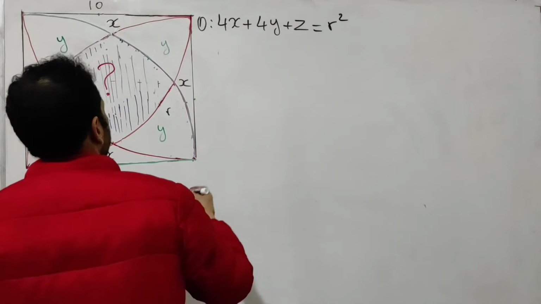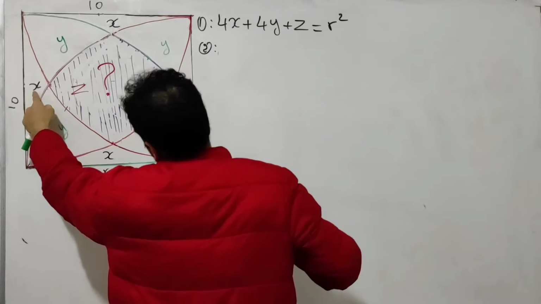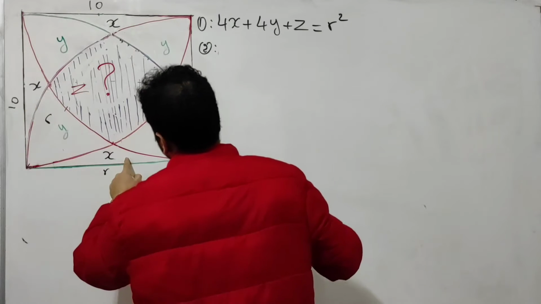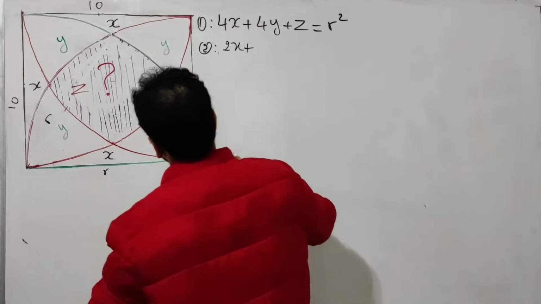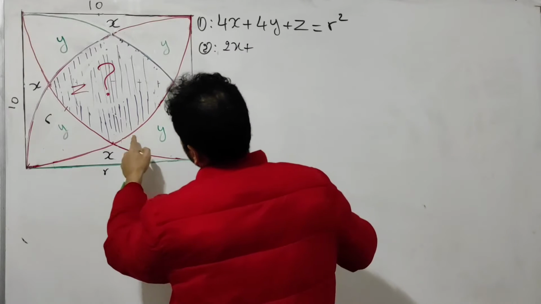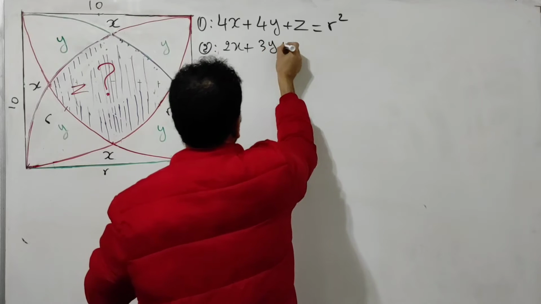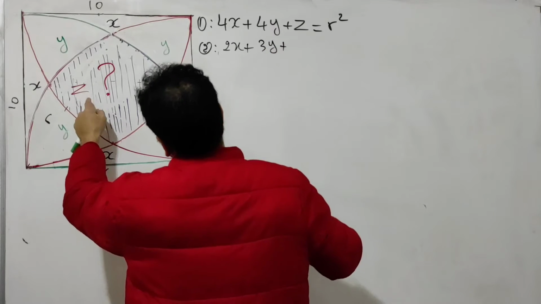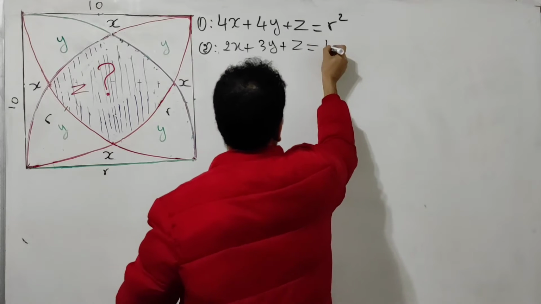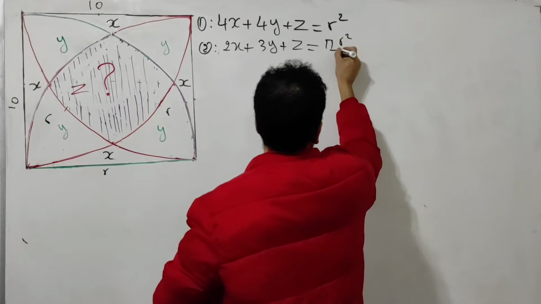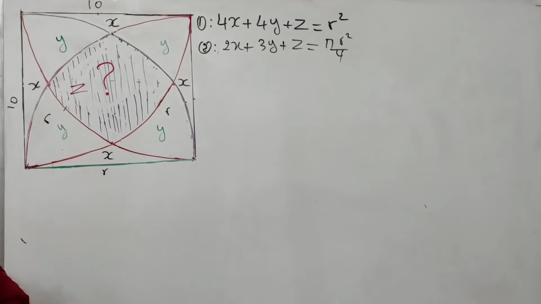So now the second equation includes 2x, which contains x as an area, plus 3y, 1, 2, 3, plus z, okay, equal to pi r square over 4.